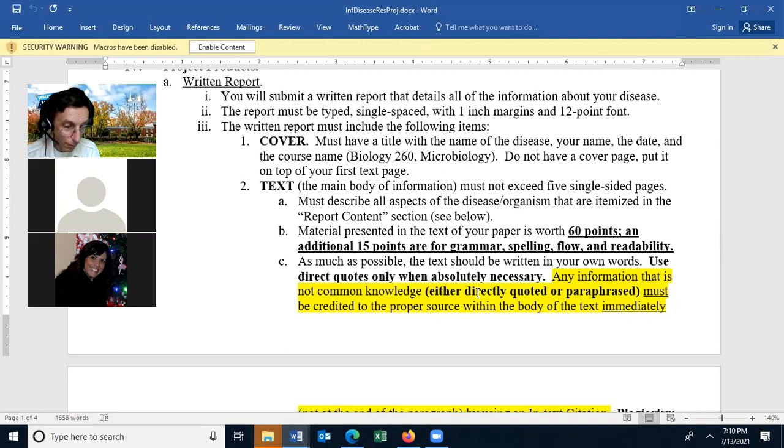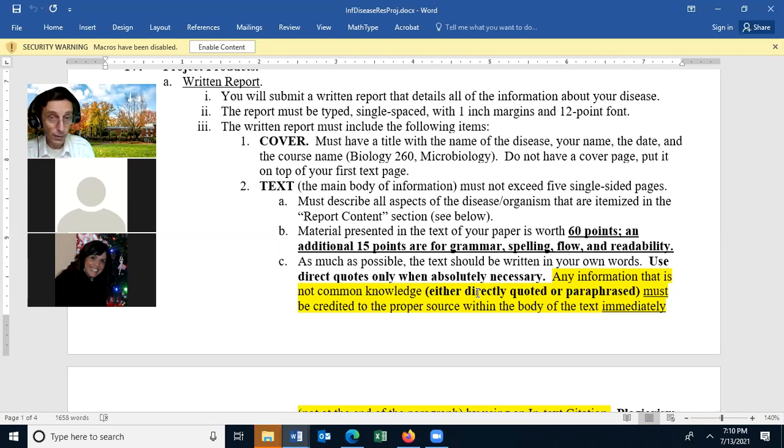Now, if there is more than one in-text citation, meaning you're referring to more than one source, it's up to you how you want to break that up. You could, in the paragraph, give each source separately for each sentence, or at the end of the paragraph, you could give 2 or more sources.